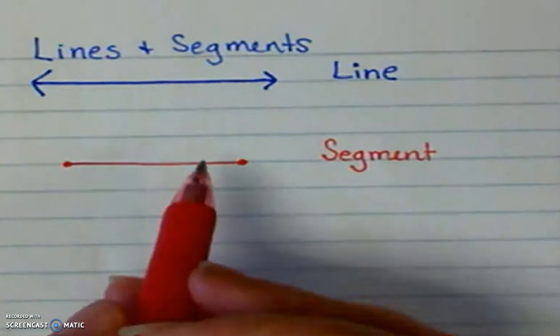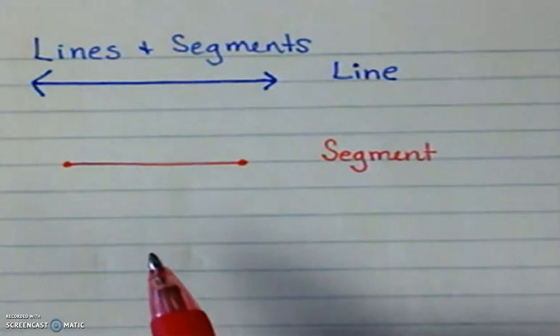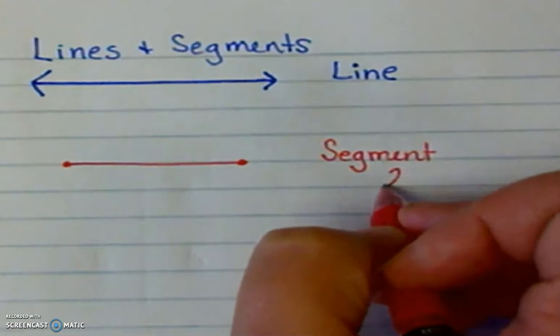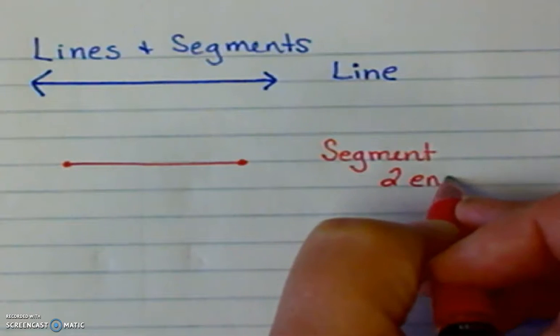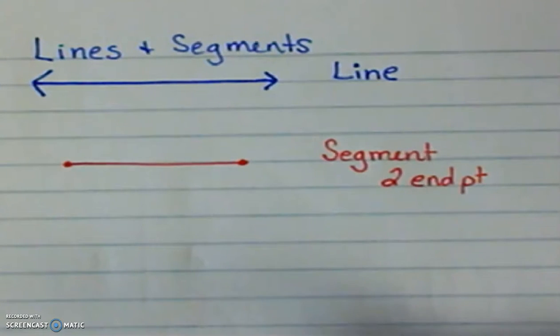Now, if we do not have arrows on the end, and it has two end points, then we refer to it as a segment. So the thing about a segment is that it has two endpoints, a starting and a stopping point.